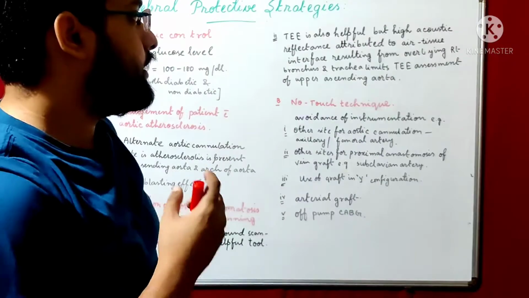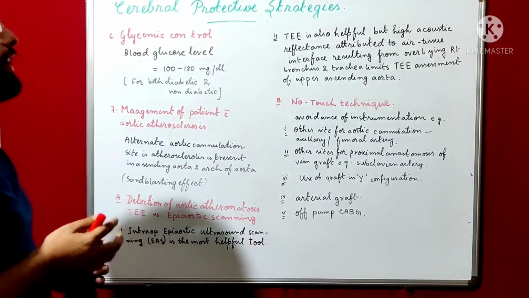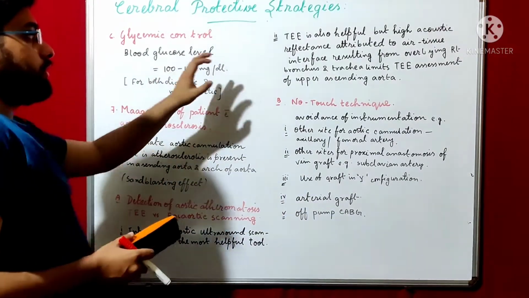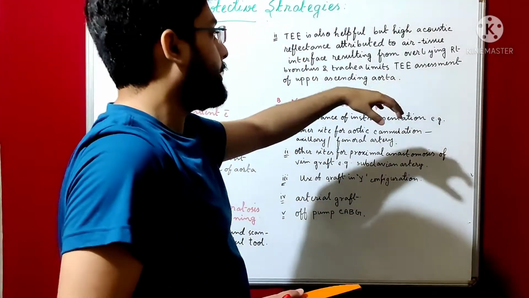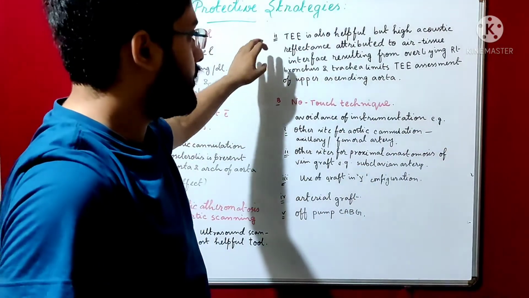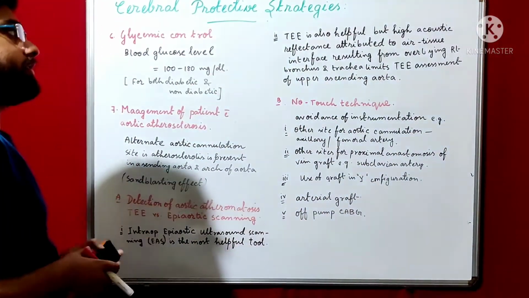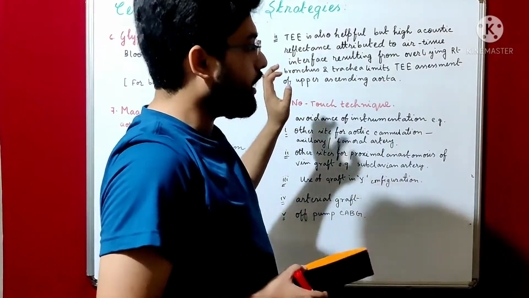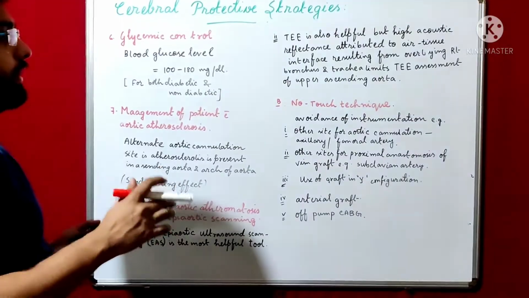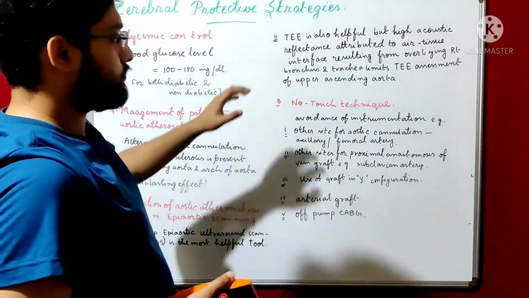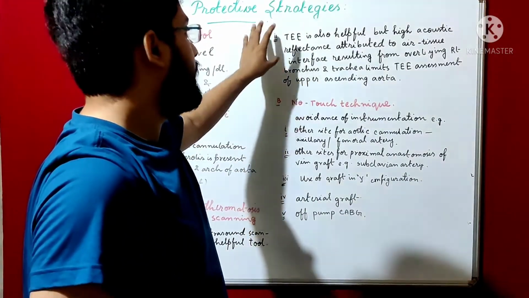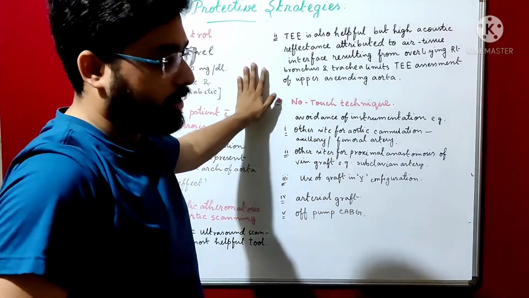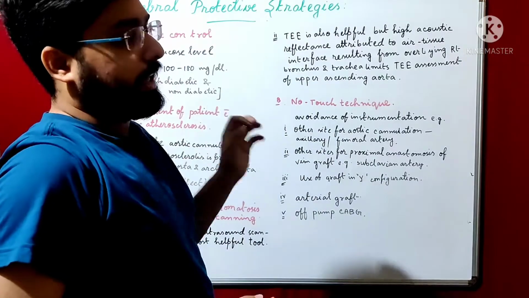You can say that TEE is of limited efficacy to monitor the upper part of the ascending aorta, because of the overlying structures. What are the overlying structures? The right bronchus and trachea. Both these organs have air inside them, so TEE cannot image the upper part of the ascending aorta, where usually the aortic cannulation is done.